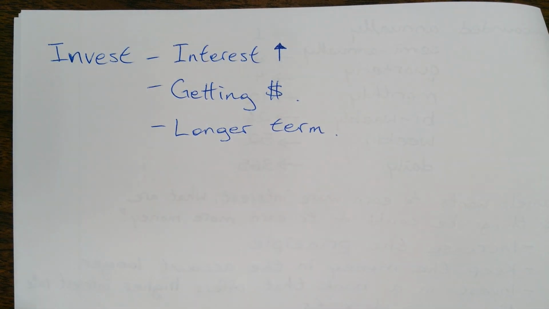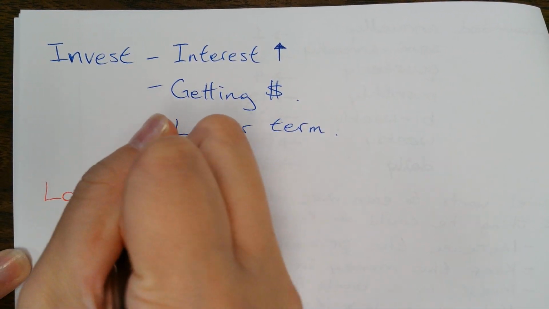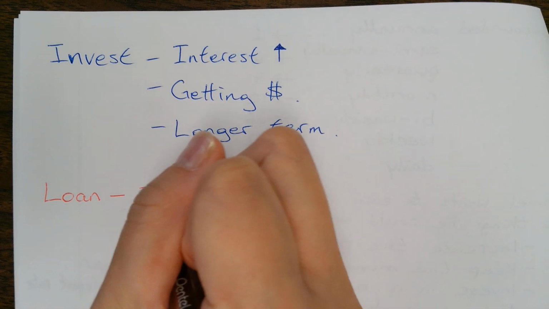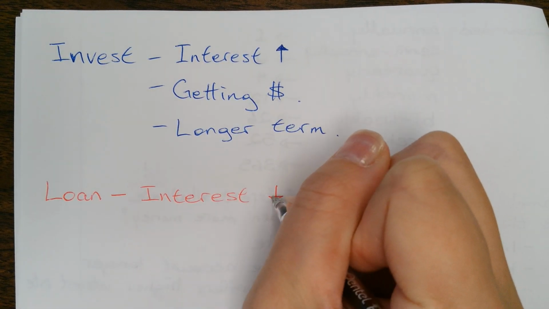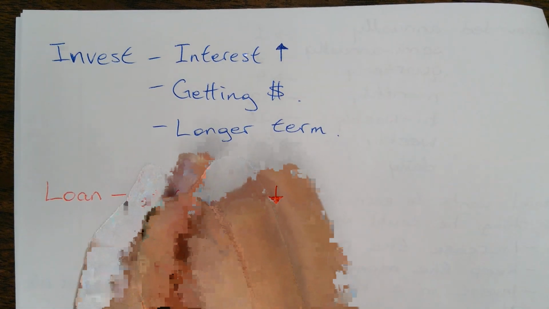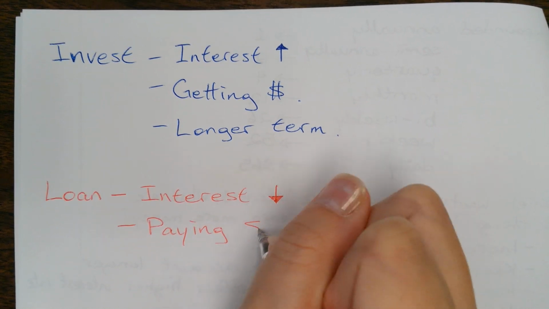On the flip side, if I am doing a loan, meaning I'm borrowing money, what do I want? Yeah, I want the interest rate to be lower, and that's because I am paying money.